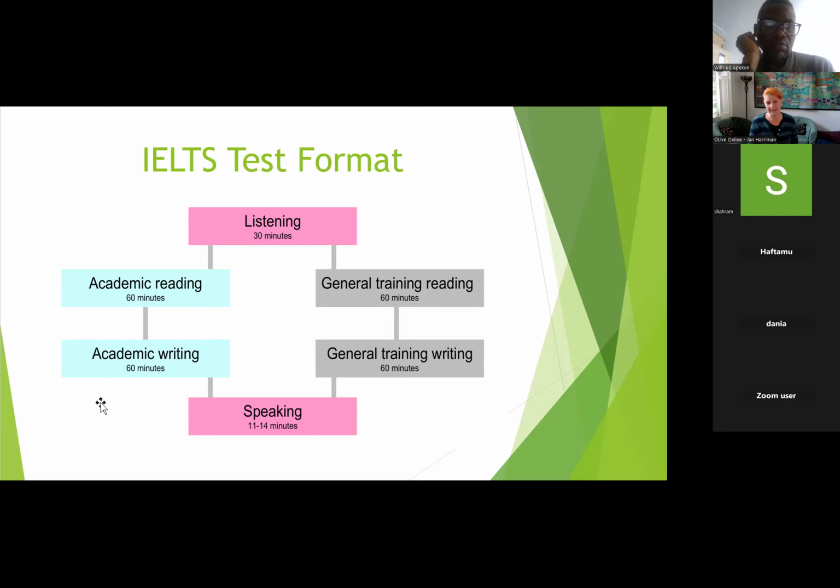The academic writing is 2 essays, one very short, specifically describing data, and the second one presenting an opinion and supporting it. In the general training, it's more like emails and an essay. The speaking exam is the same for both exams. This will be done separately.